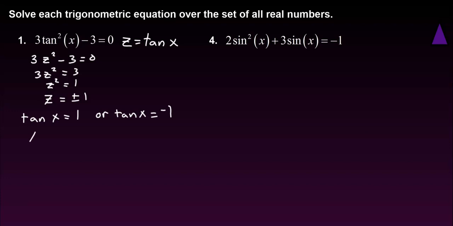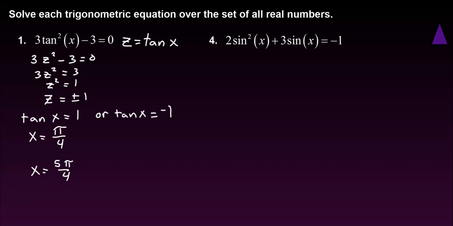So that means x equals, tangent's positive in quadrant 1, so pi over 4. And tangent's also positive in quadrant 3, so that's 5 pi over 4. So remember that tangent is 1 when we're talking about the square root of 2 over 2 divided by the square root of 2 over 2.